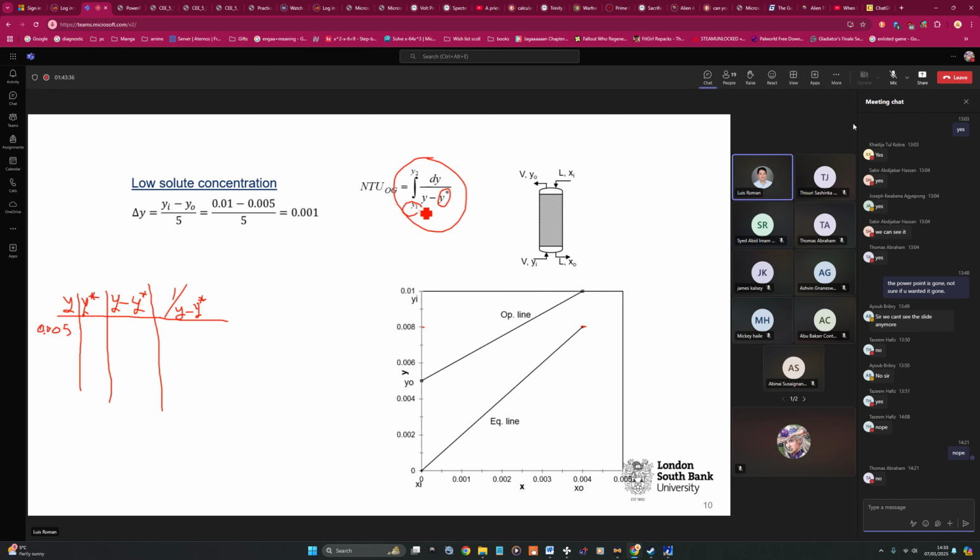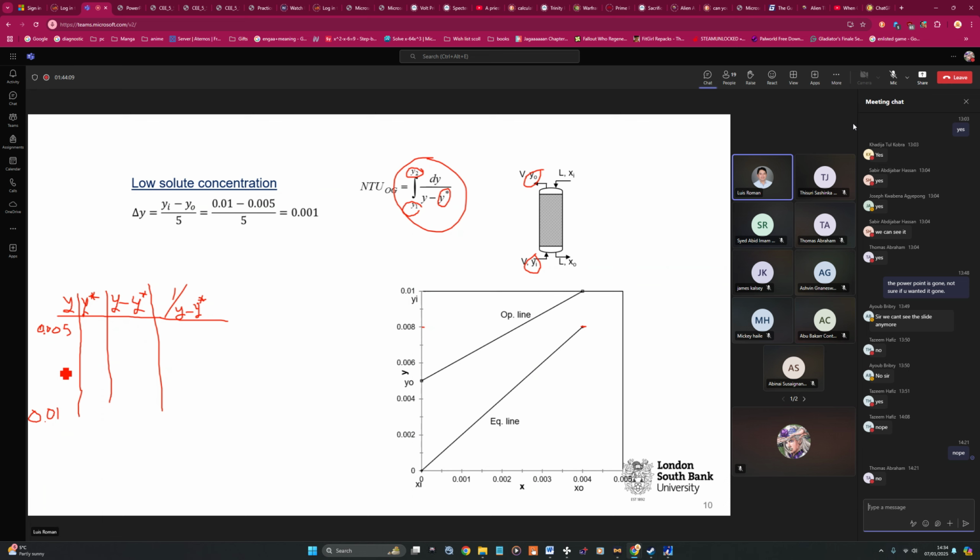Those are the limits of the integral, which are the two values of y, the gas phase composition. We have the y outlet and y inlet, so the lowest value is 0.005. So we are starting from 0.005 until we reach 0.01, which is the other limit of the integral.